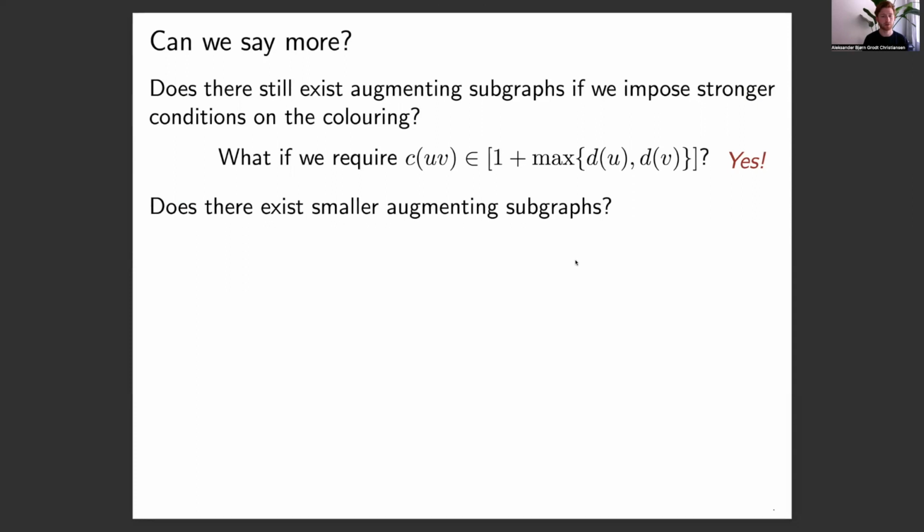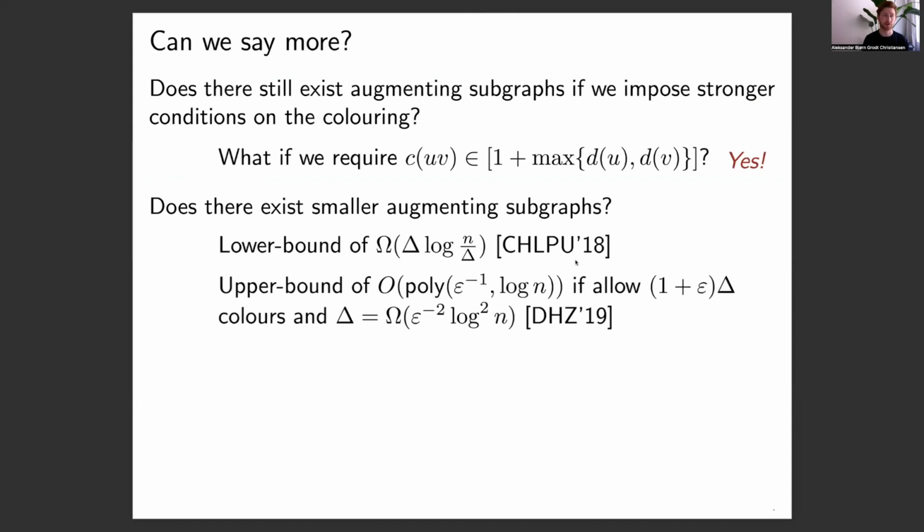Also, we could ask the question, do there exist smaller augmenting subgraphs? And there's been some research on this. First of all, there's a lower bound that says that roughly delta times log n size is needed. And this is actually also the diameter of the graph, in case anyone is interested. And also, it was shown that there are some upper bounds. One of them requires some constraints on delta, and also requires that you have more colors available.